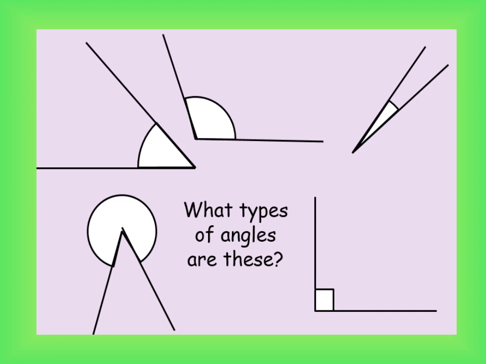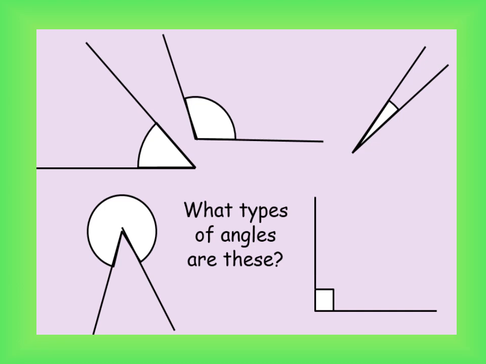Now I want to evaluate your memory, if you memorized the types of angles well or not. So we want here to write the types of these angles. The first one here from the left side, what do you think?